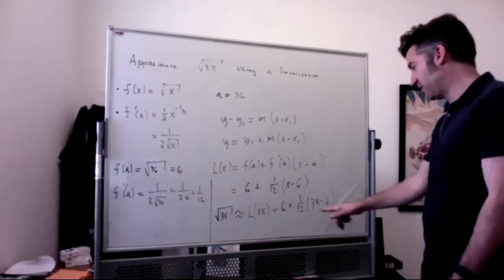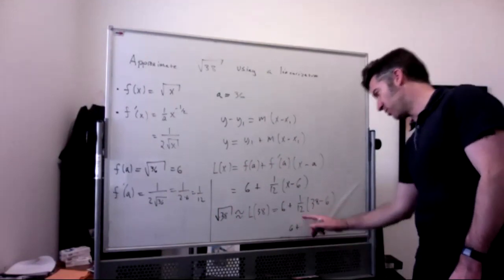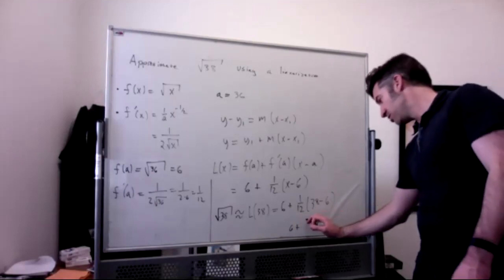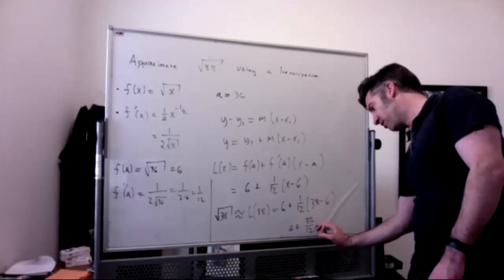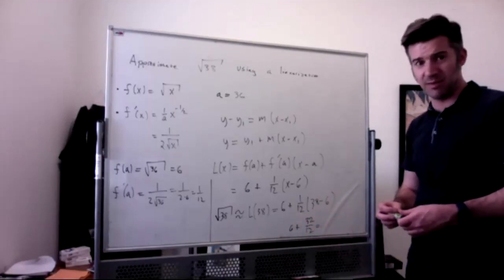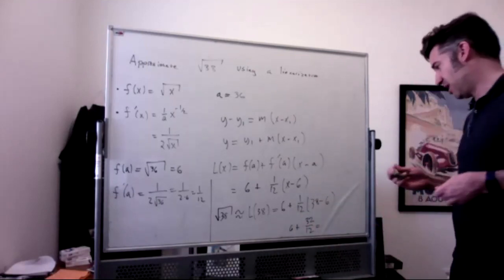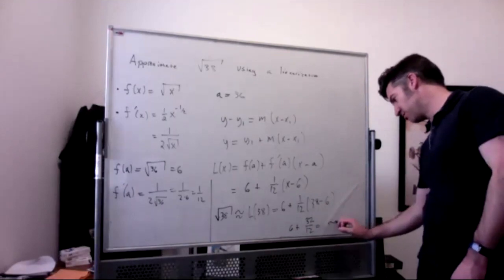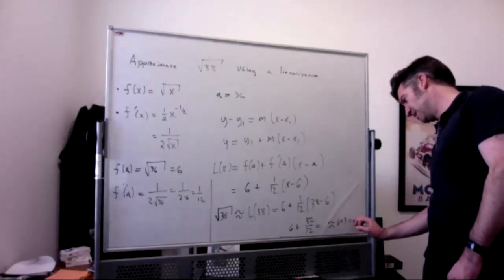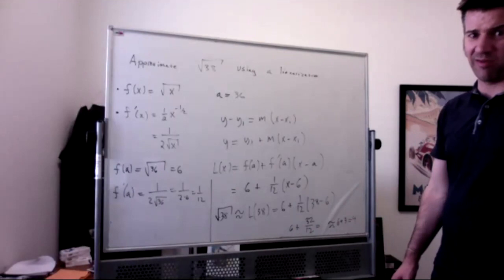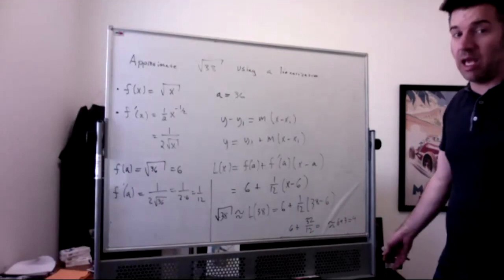And then if I do this, I get 6 plus 1/12 times 32. 6 plus 32/12 is kind of too big to be the square root of 38. 32/12 is almost 3. I'm getting close to 6 plus 3, which is 9, which is like the square root of 81. Clearly, I made an error.